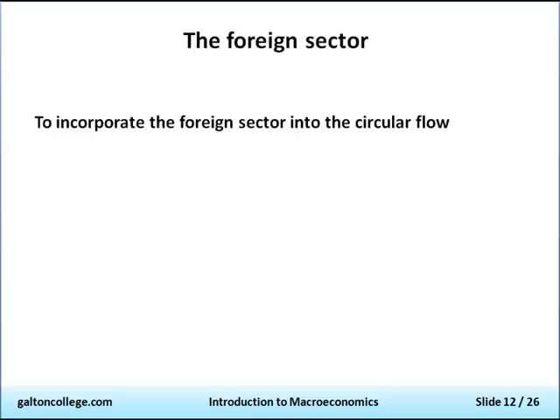Next, the foreign sector, and we have to incorporate the foreign sector into our analysis, into what we call the circular flow analysis. We'll talk about that again later as well. But we're increasingly living in a globalized world, and we've always traded. So we've always had imports and exports, and of course the more imports we've got or the more exports we've got, the greater the impact on the overall level of activity in the economy.